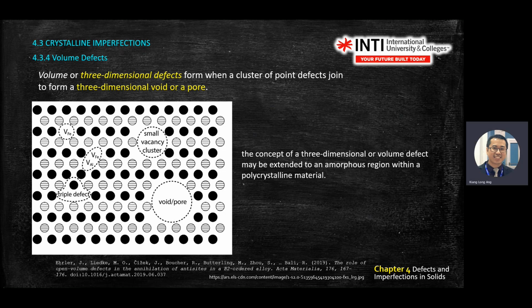If it's a three-dimensional defect, we use void or pore. Be careful with the wording you use. Vacancy is a point defect. Then 2D or line defect is normally either screw or edge. Then plane, you have a few like I showed you just now.